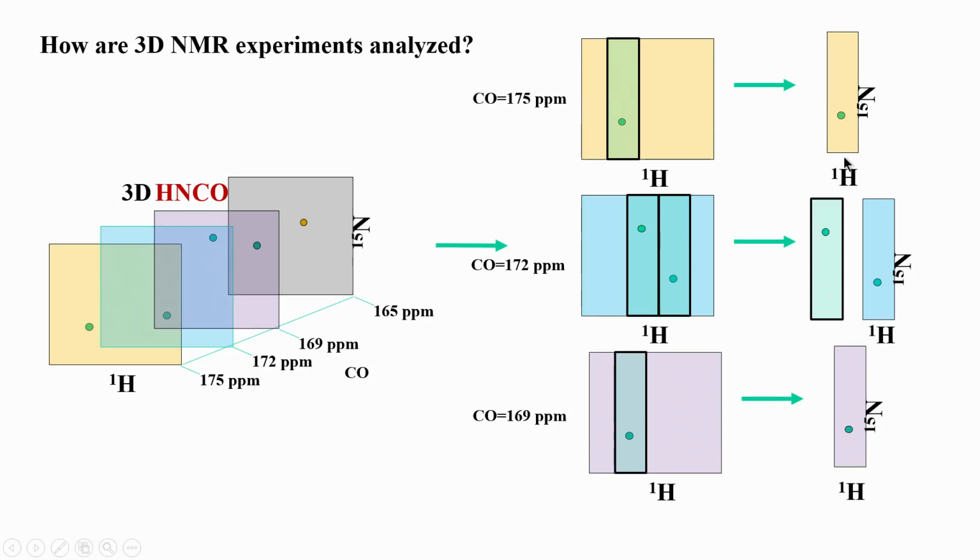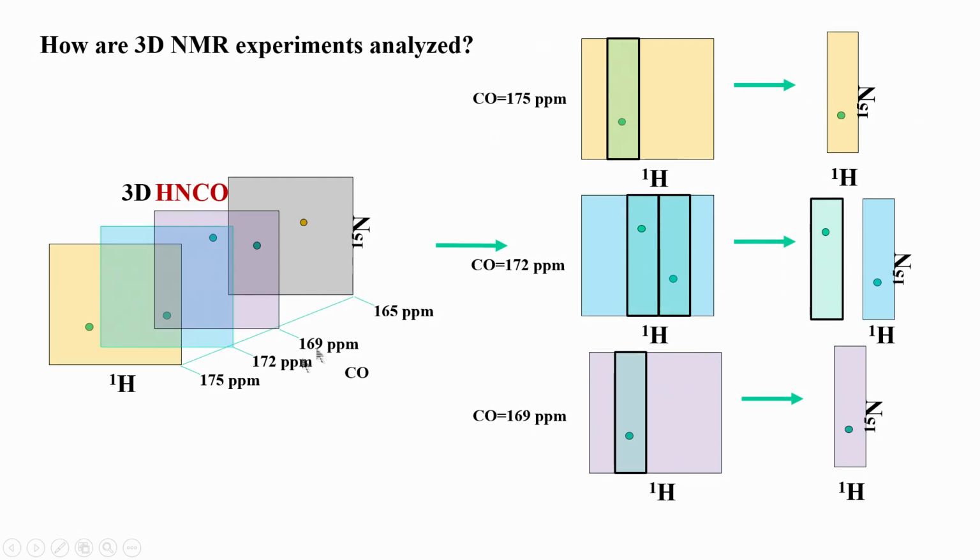Now, this cutting of the strip is not done manually, it is done in a computer. The computer takes care of that. It is not physically cutting it from a spectrum, it is only showing us on a screen like this, but it helps us because we can now nicely separate each of the peaks in the 3D into different strips.